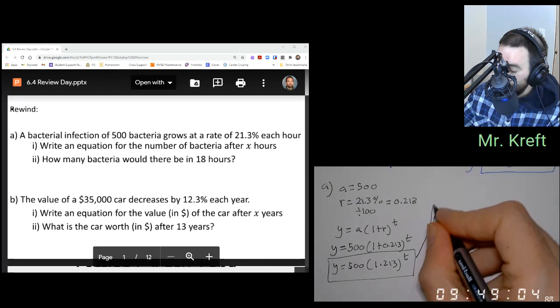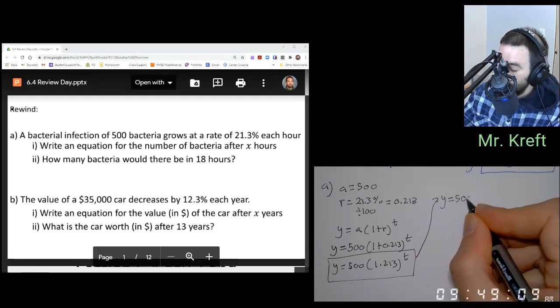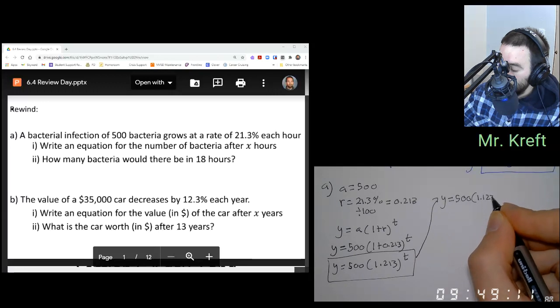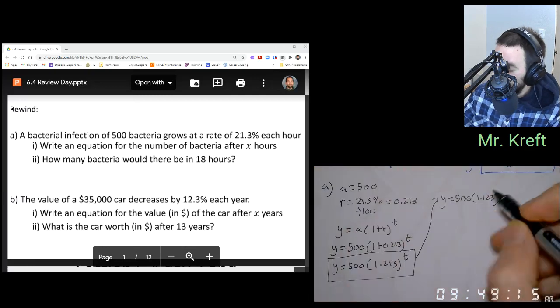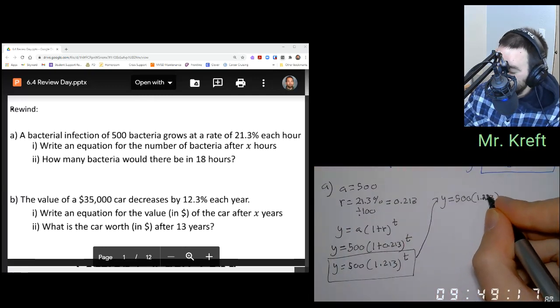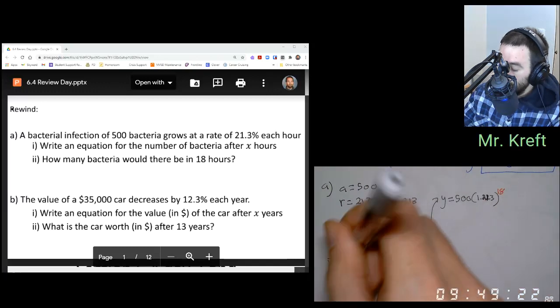Okay, the next part of this is I'm going to plug in 18. So I go 500 and then 1.123. Oops, I wrote down the wrong thing, didn't I? It's 1.213. And then to the 18.